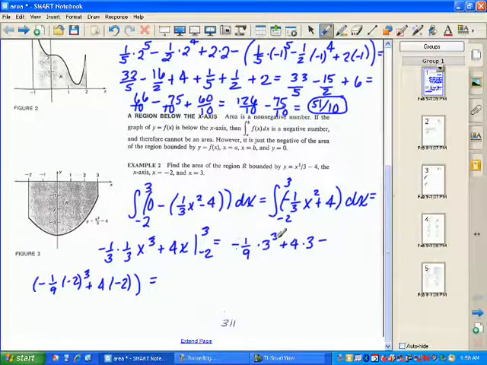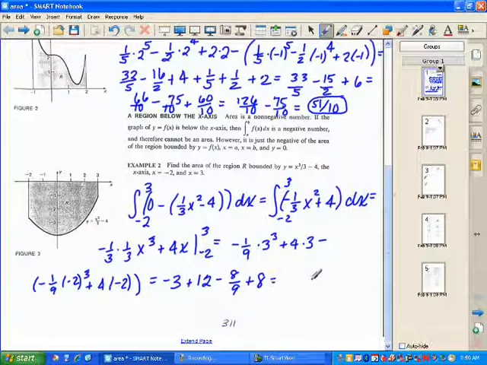That's actually negative 27/9, right? Which is negative 3 plus 12. This guy here, not as nice, will be positive 8/9. Right? I'm going to make him negative because of that minus sign. Okay? Alright, and this is negative 8, which I'm going to make a positive. There we go.